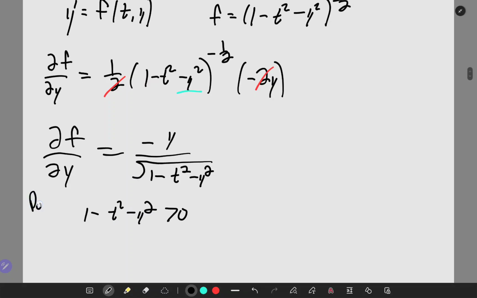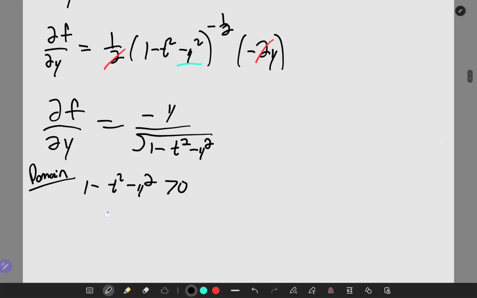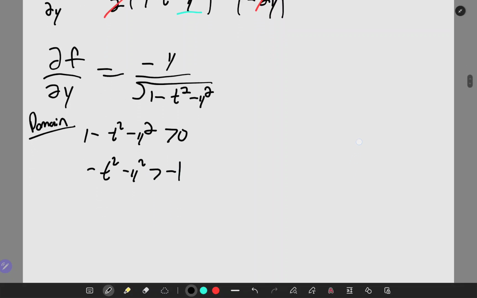So let me write this down. Domain. So this would become negative t squared minus y squared is greater than or equal to negative 1, right?